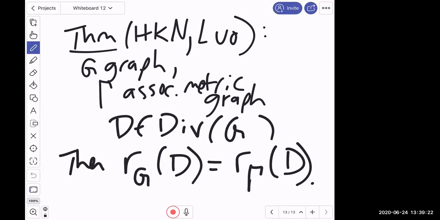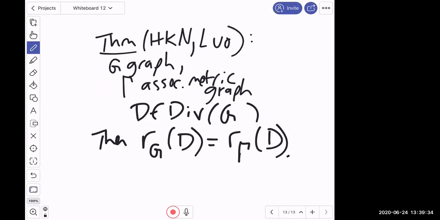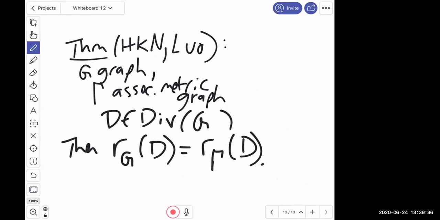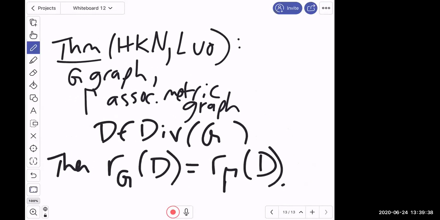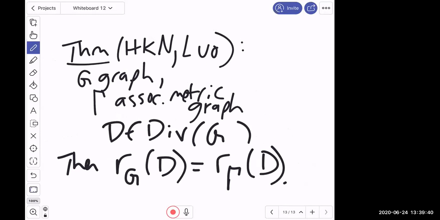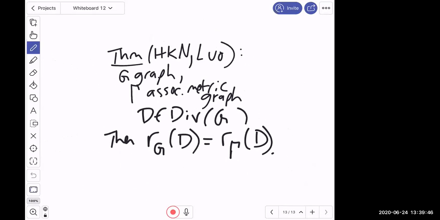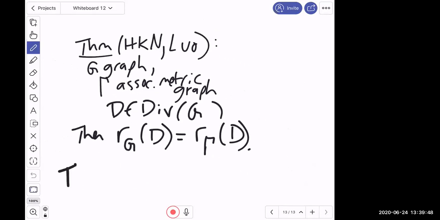So I'm just going to talk about ranks of divisors and not be too specific about whether they're on graphs or metric graphs. Let it be clear from the context. But this is actually a non-trivial theorem. So you're correct to worry about subtleties here. But the end result is that you can sleep easy at night and there's actually nothing to be worried about in the end. And the specialization lemma works for metric graphs as well.